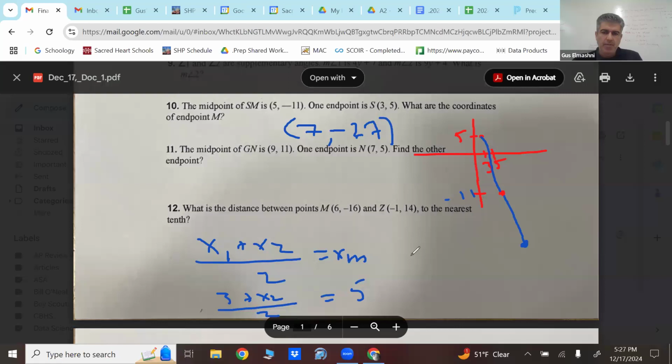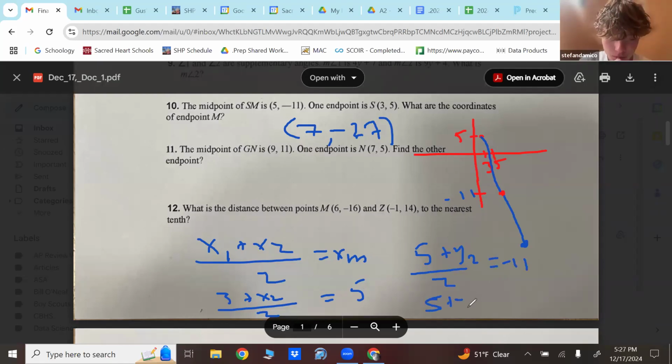Here, the 11 plus, oops, sorry, that's midpoint. Equals another 11. If you solve it, you should get negative 27. So you could do it that way also, taking a more formulaic approach.